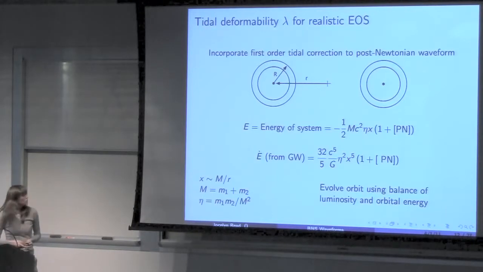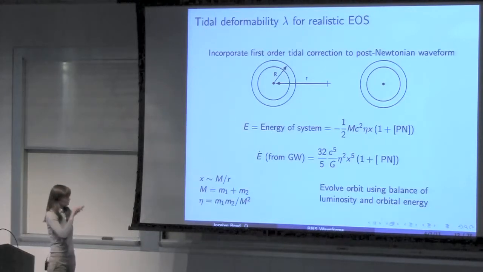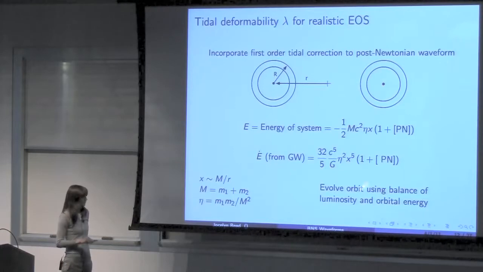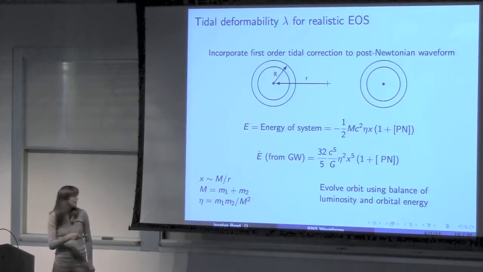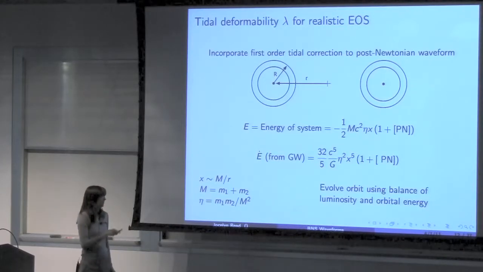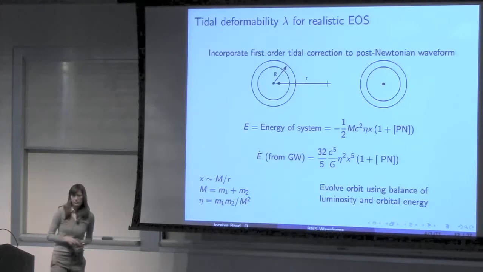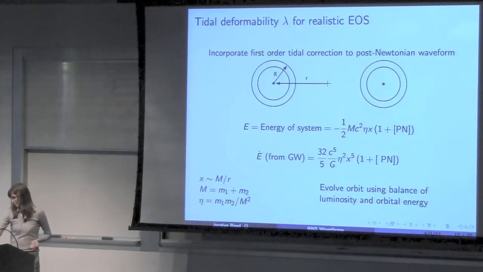And you start with the standard energy balance method. So you balance the energy of the system as a function of the separation. So x is the post-Newtonian parameter characterizing the separation of the stars, with the luminosity also as a function of the separation. And at each point in time, the separation of the system is evolving based on the speed of the luminosity.